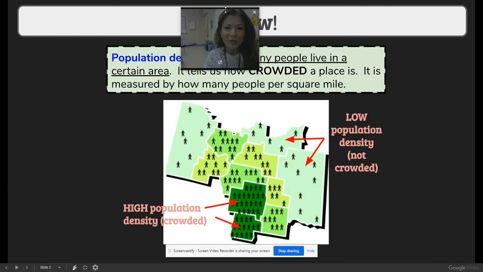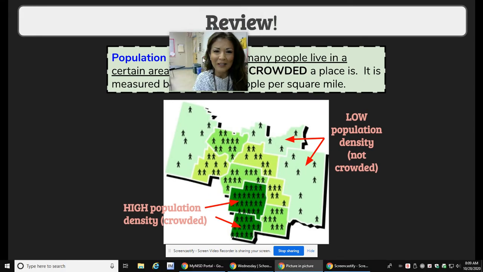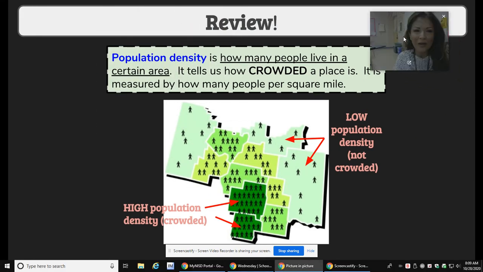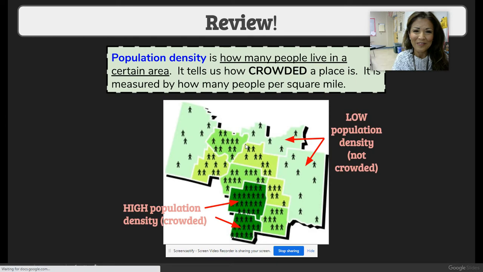When you think about population density, think about where people live, how many people live in that area, and why it is such a crowded place. We'll talk about the difference between low population and high population. We'll also figure out how it's measured per square mile. We'll do a little bit of math on that today.